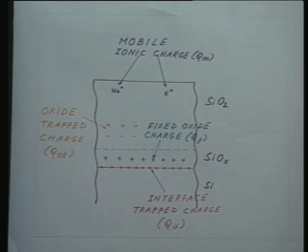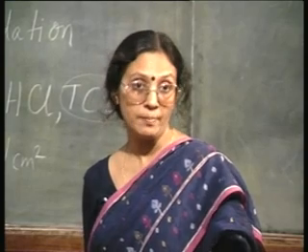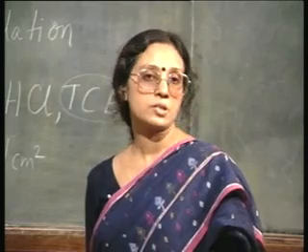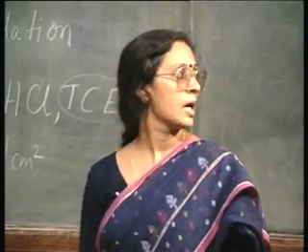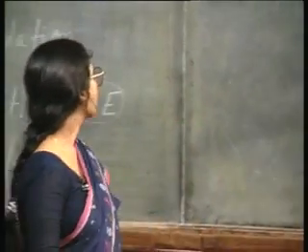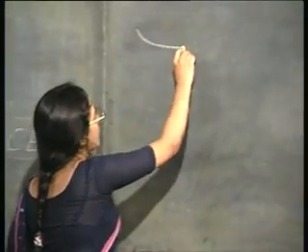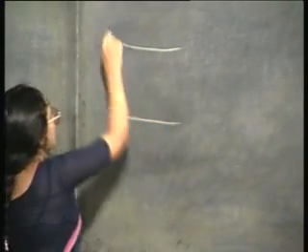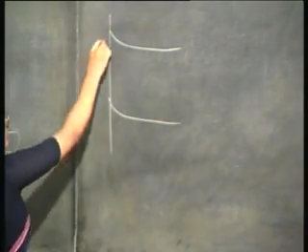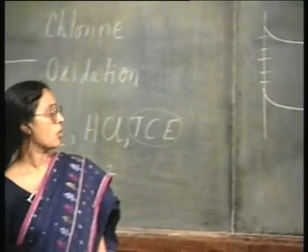Next oxide charge to be discussed are the interface trapped charges. These interface trapped charges are a very problematic element, particularly when a MOS device is concerned, because these interface trap charges are spread all over the forbidden energy gap, and depending on the position of the Fermi level, they can be occupied or empty.